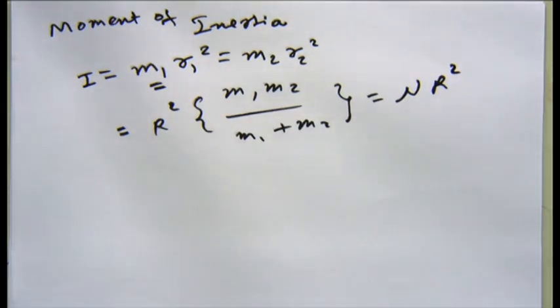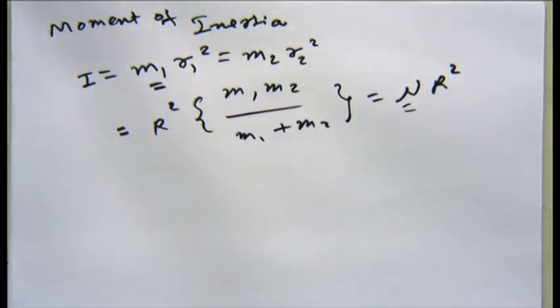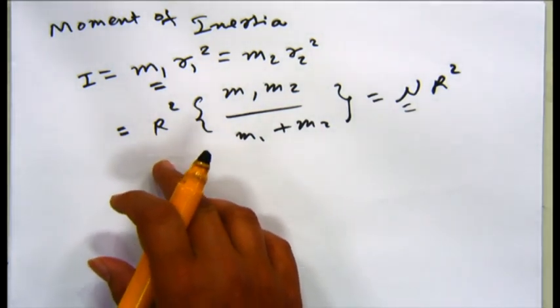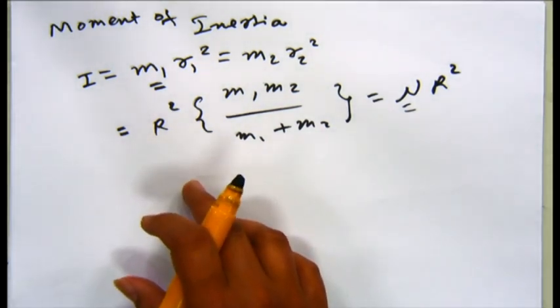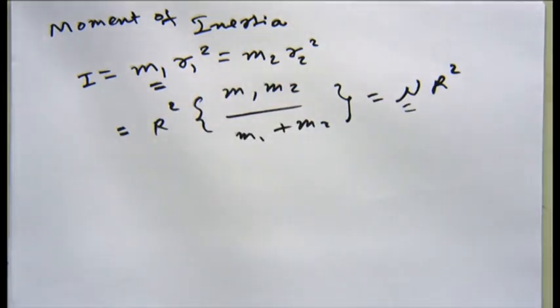Here mu is known as reduced mass. Reduced mass is represented by mu. Capital R is the distance between the two masses m1 and m2. m1 is the first mass, m2 is the second mass, and we are talking about the diatomic molecule case.